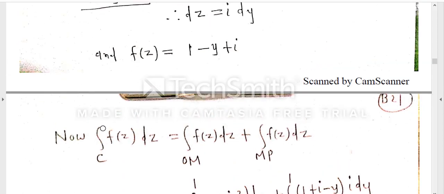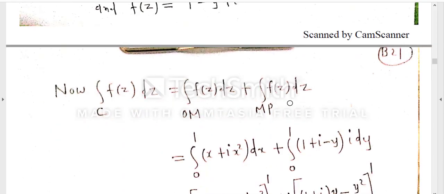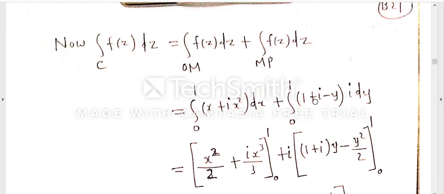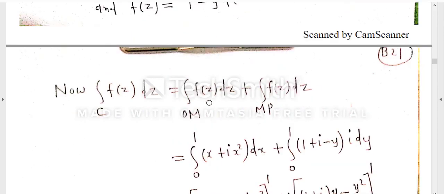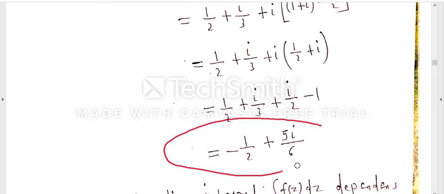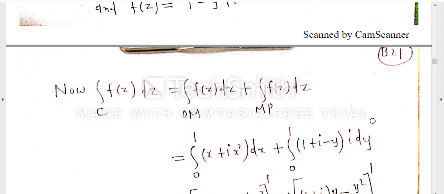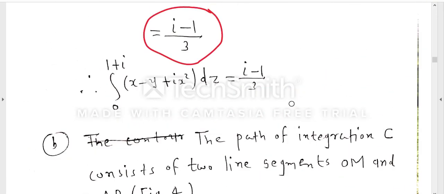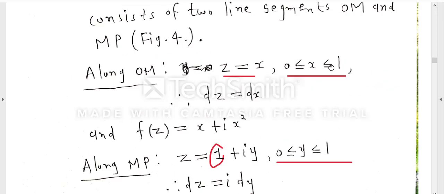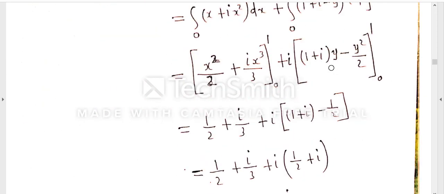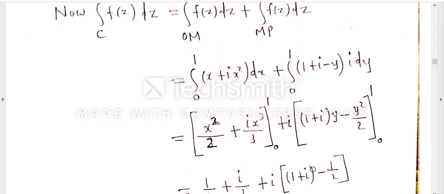So the integral along the given contour is the integral along OM plus the integral along MP. And after substituting all these values, you will obtain this value. So you can see both are different. The integral along the path in part 1 is different from the integral along the path in part 2.